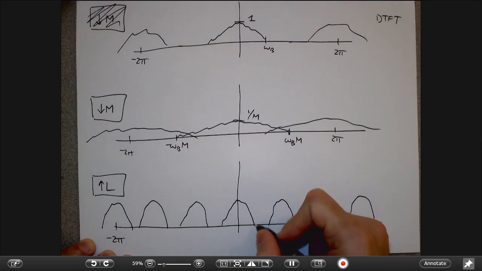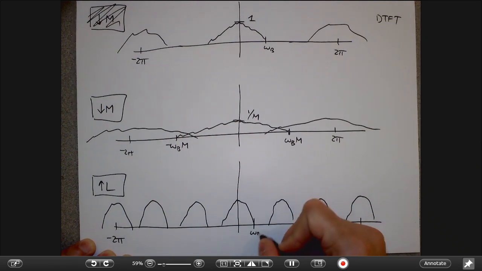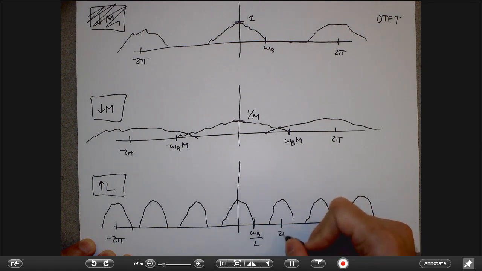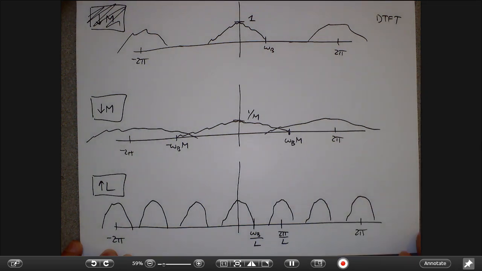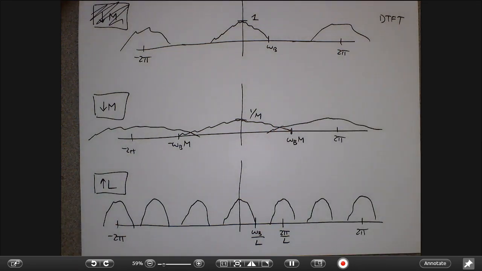These now occur at omega b over L, and these copies occur at 2 pi over L. It's like saying that I take my whole DTFT and squish it together. In this view, you can see why a simple low-pass filter that is 2 pi periodic can notch out the copies that I need, resulting in what I would have gotten had I sampled the signal at that higher rate. So things can go wrong when I downsample, but things really can't get screwed up when I upsample.